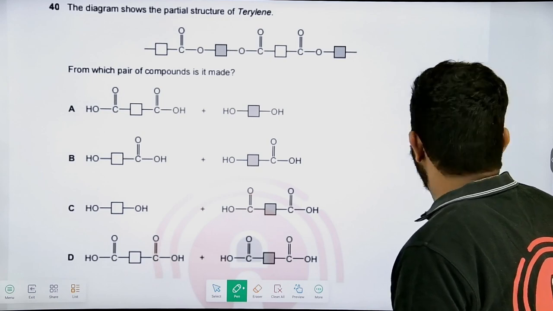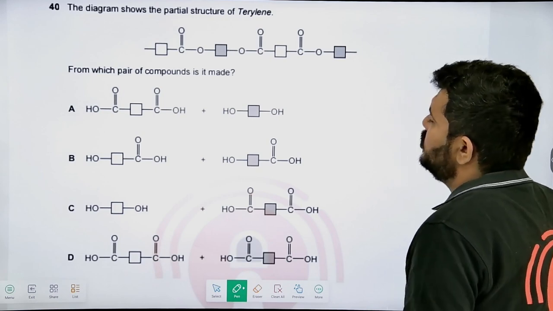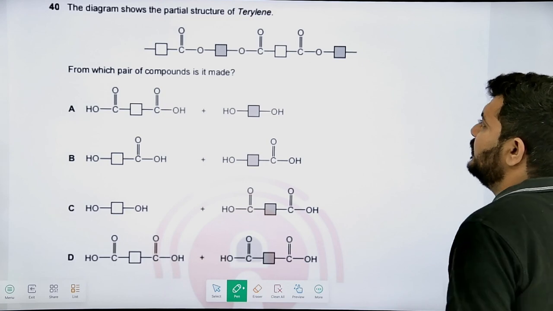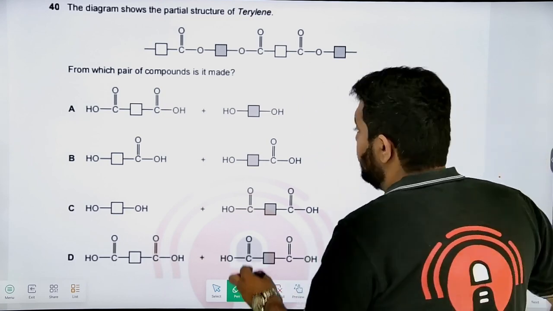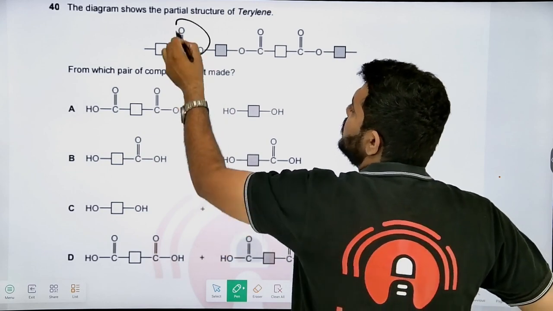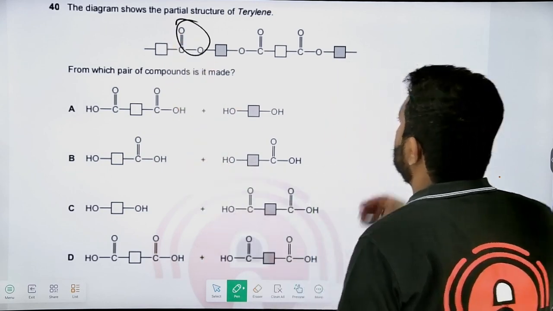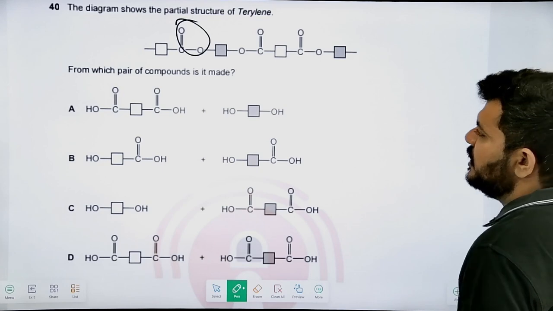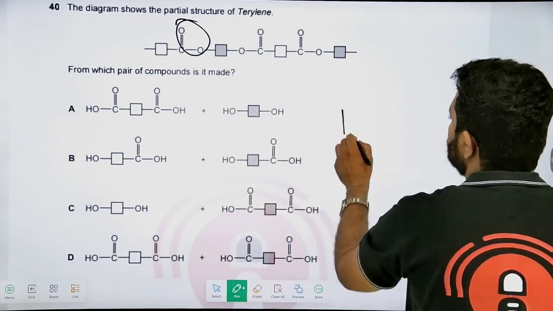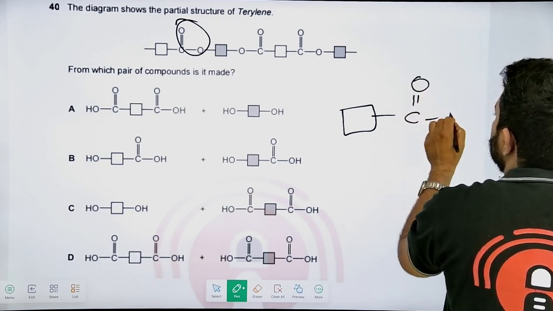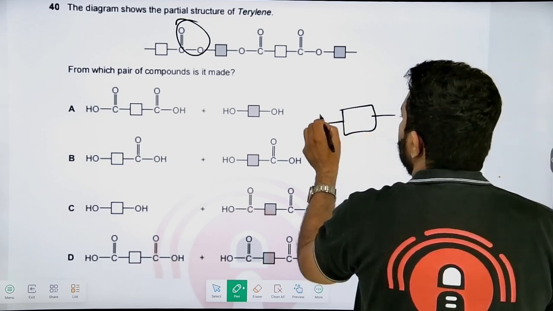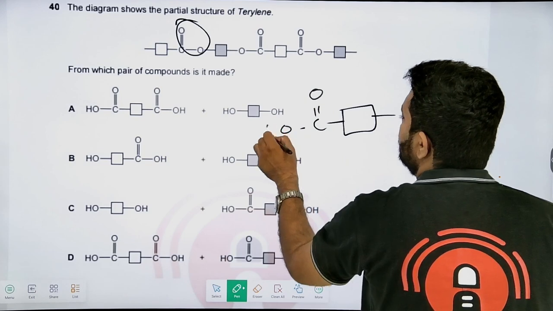Let's look at this question. So we have a diagram showing partial structure of a polyester. From which pair of compounds is it made? Let's have a look. So this is the ester linkage we have, right? This is a polyester that we are looking at. So if I construct it, this empty box should have carboxylic acid on both sides, right?